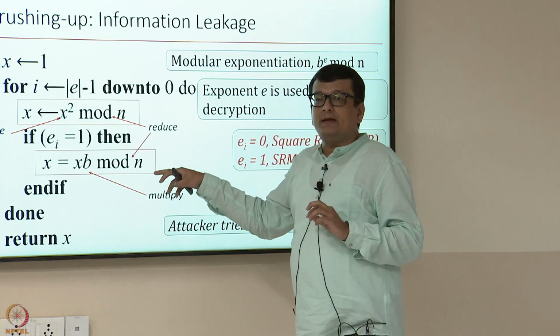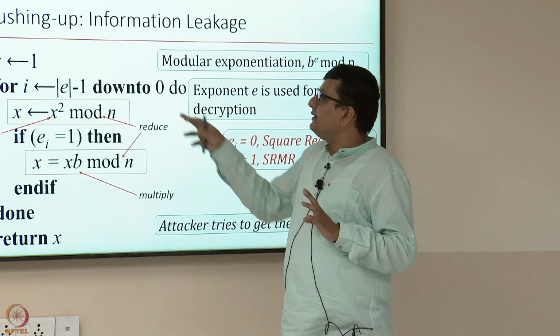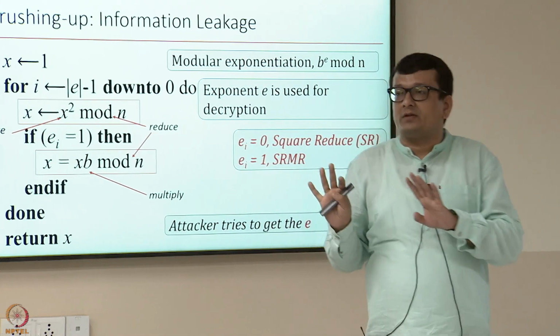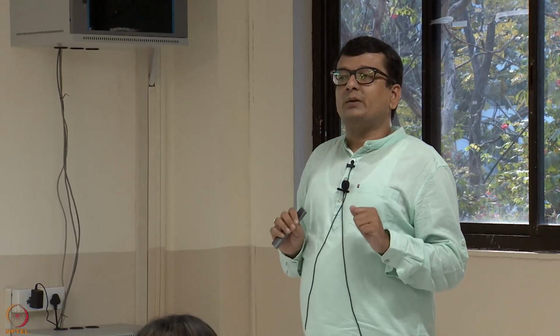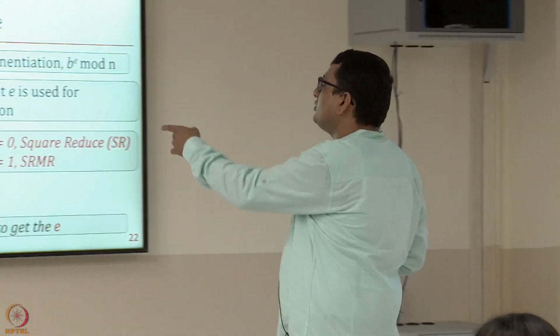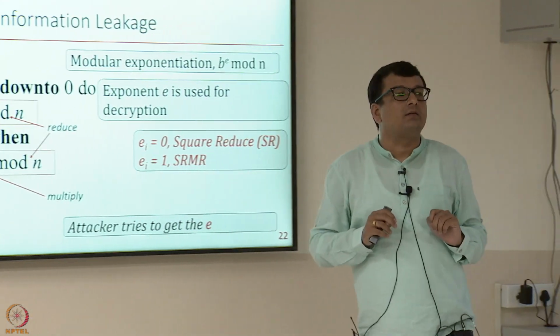You need to write code which will give you the information about E. This is a different attacker process. Is this clear? So here the victim is the crypto library, and the crypto library has this code snippet which is running on your laptop. You should write a program exploiting the cache timing channel which will tell you, okay, these are the bits of E. Yeah, what should be the approach?